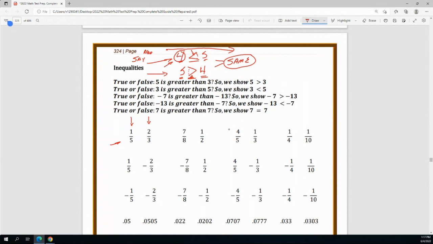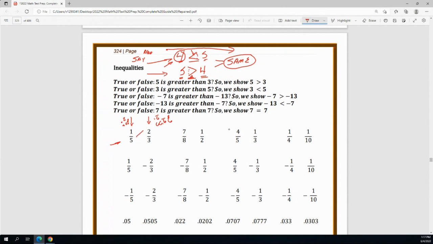Hey, 1/5. What decimal is that? Did you say 0.2 or 20%? Yeah. What about 2/3? Hey, isn't that 0.6 repeating? Or 66 and 6 repeating? Yes. Which one's bigger? 66%.